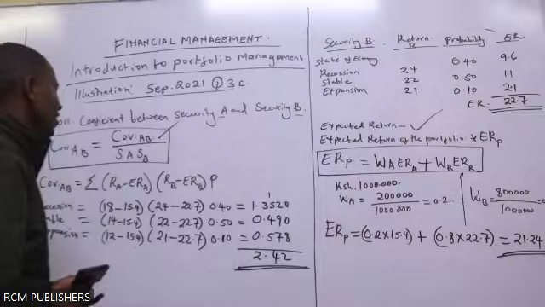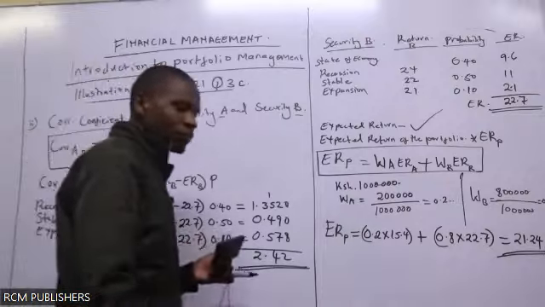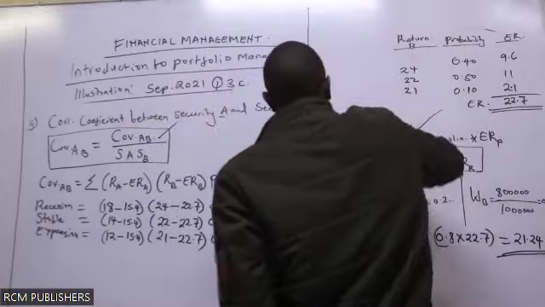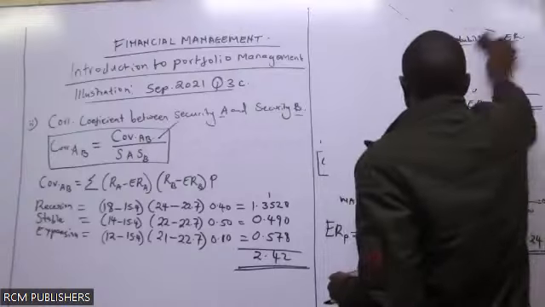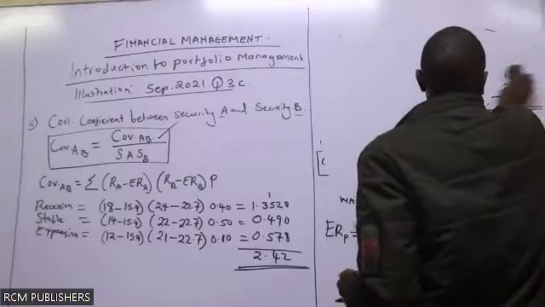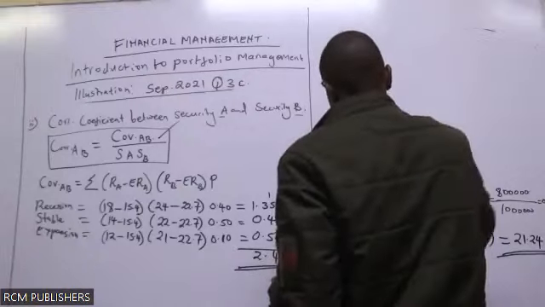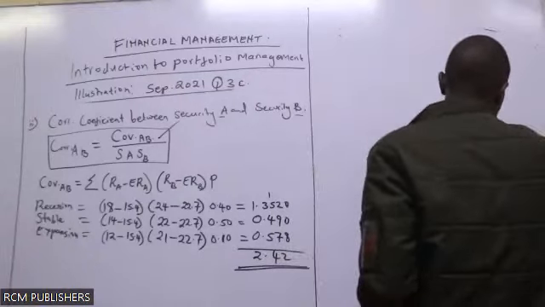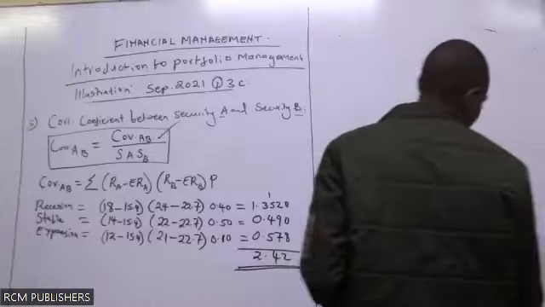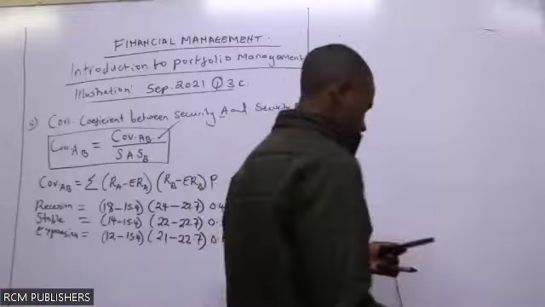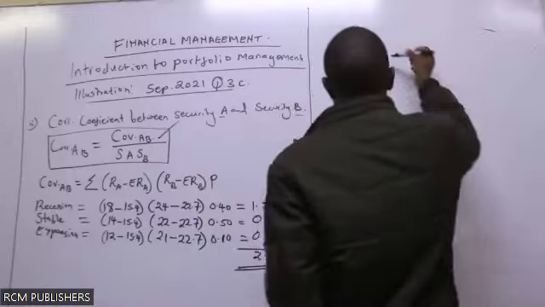I'm almost there. Then I need the standard deviation of A. So, who knows the formula of getting standard deviation? You can write this down, it is not long. You just need to know it.